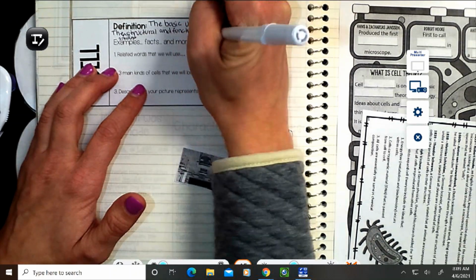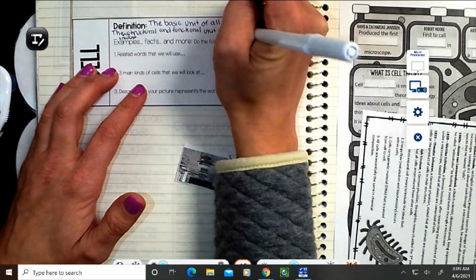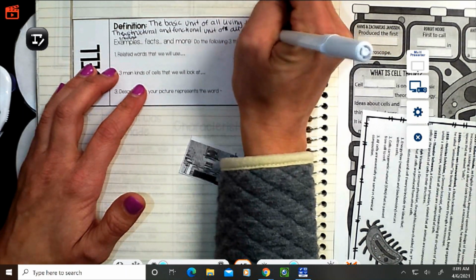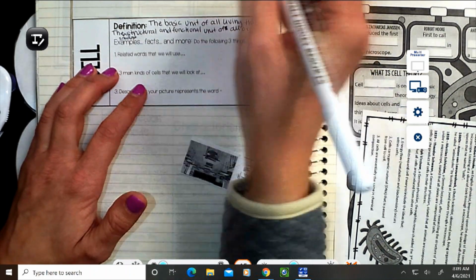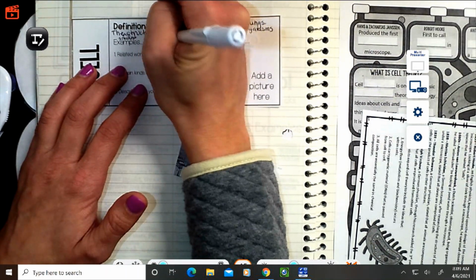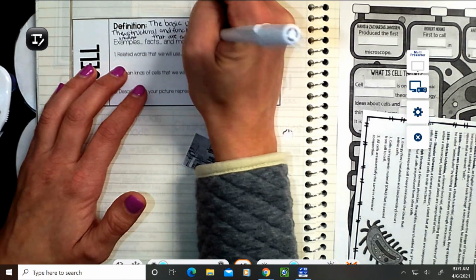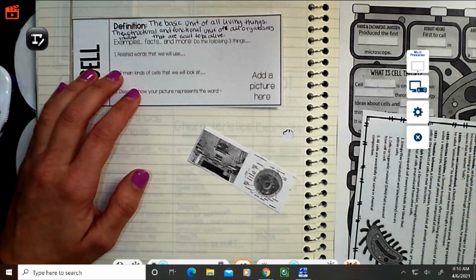Functional unit of, not off of, all organisms that are said to be alive. So that's a more detailed version. So how they're built and how they work.